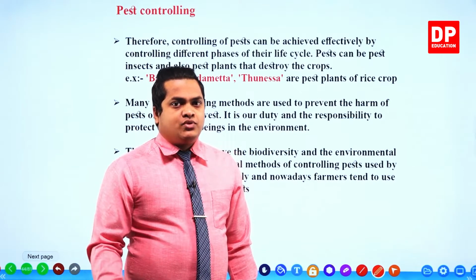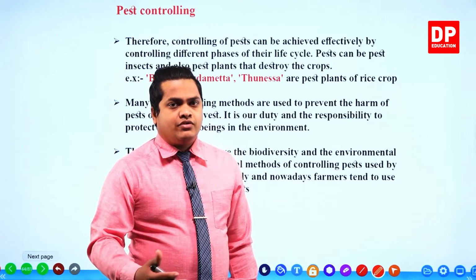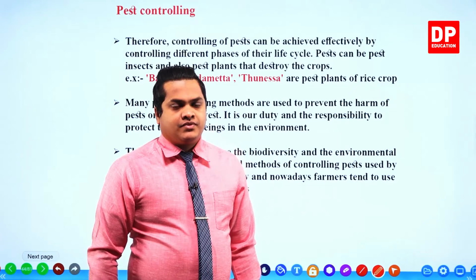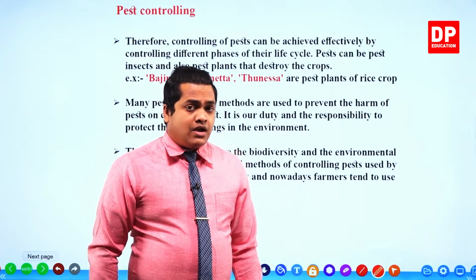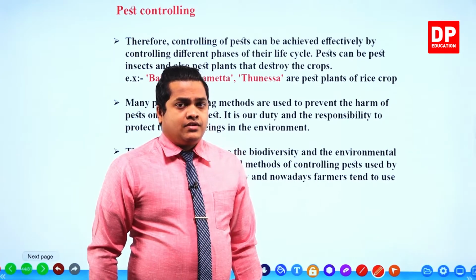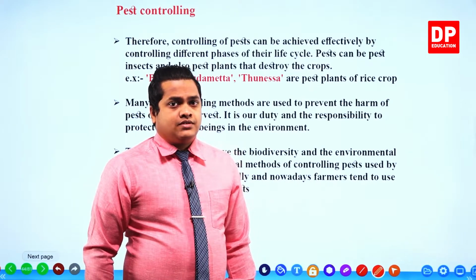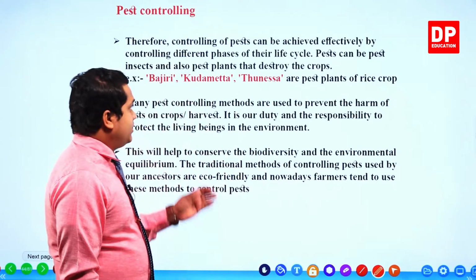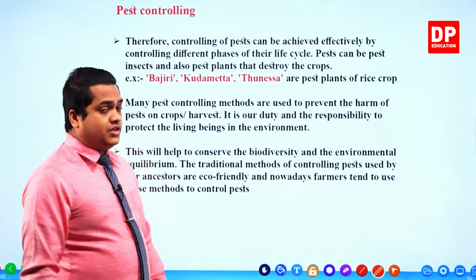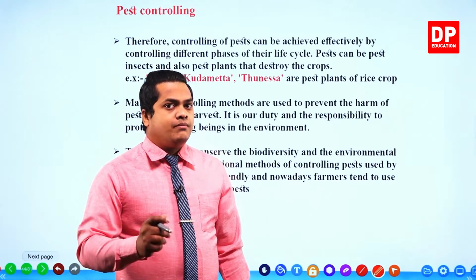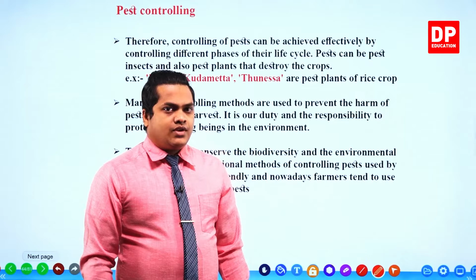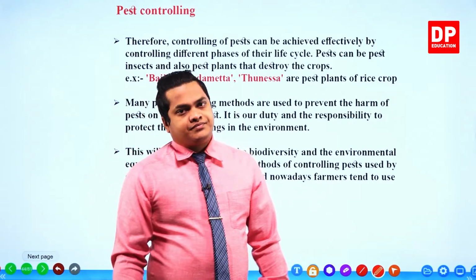These plants absorb all the nutrition and destroy the paddy plant. So Tunas, then Kudamet, then Bajiri are considered, my dear children, pest plants. Okay? Pest plants.